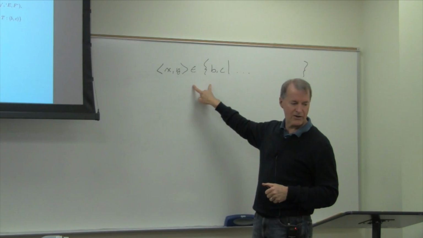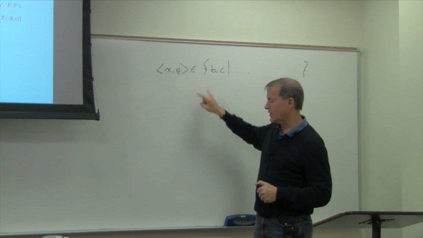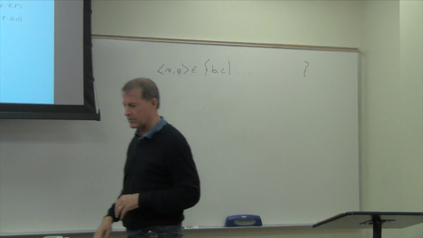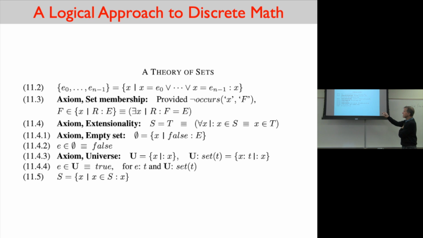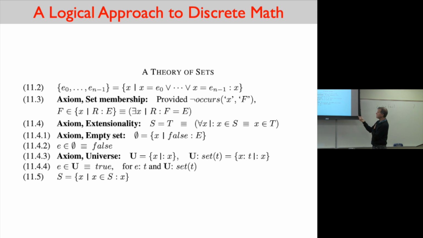What you do here is you go back to 11.3. So let's go back to 11.3. Is that set membership? It is set membership, but you consider the set as one unit, right? Let's look at this set membership. It says F is an element of this set X, and that equivales there exists an X, right?